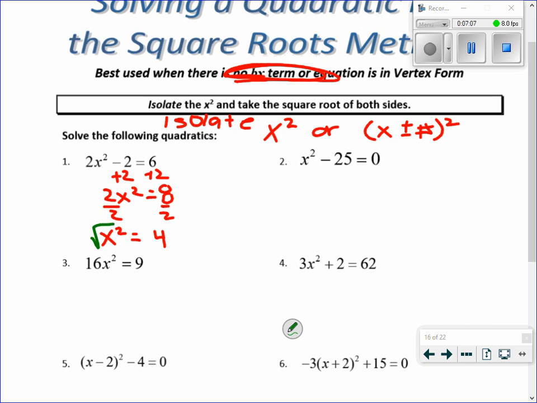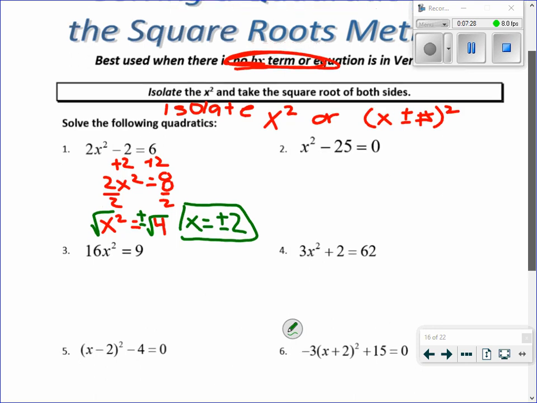And when I square root, I have to have what in front of it? Plus or minus. So x should be equal to plus or minus what? 2. Good. So you could write it as x equals plus or minus 2, or you could write x equals 2, x equals -2. Either works.